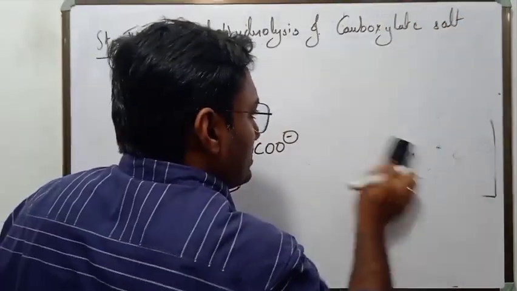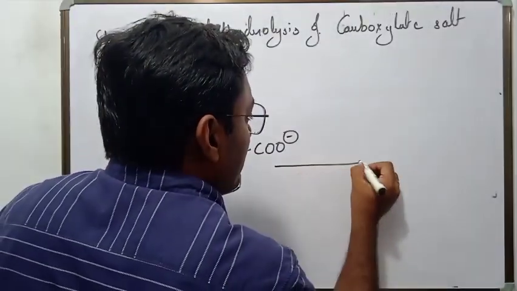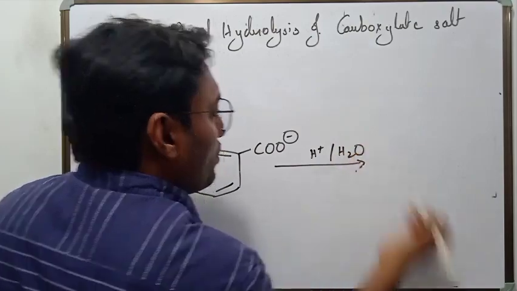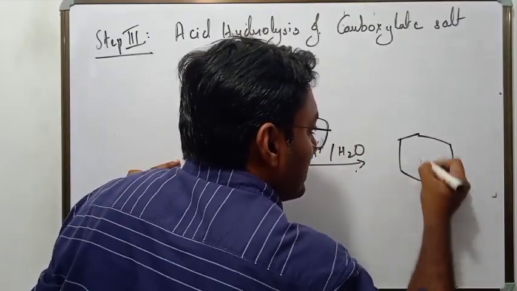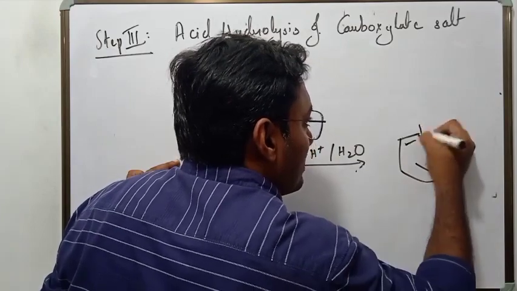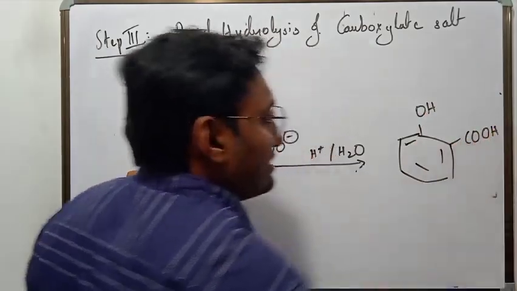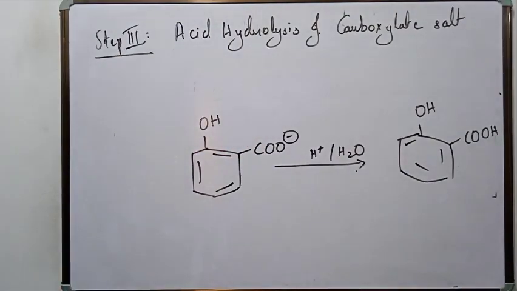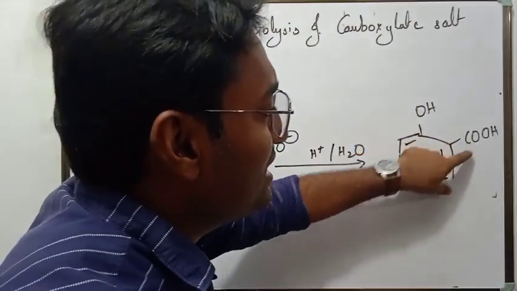So this carboxylate salt here, now you go for acid hydrolysis, that is H plus H2O, and now what happens? You get salicylic acid. That's it. So these are the three steps of Kolbe-Schmidt reaction: orthohydroxybenzoic acid, salicylic acid.